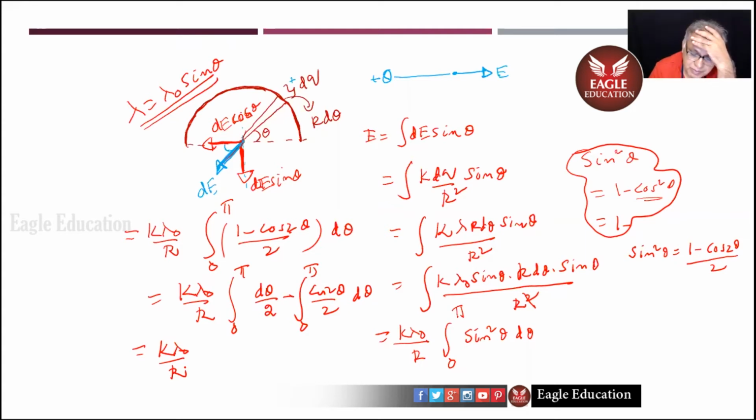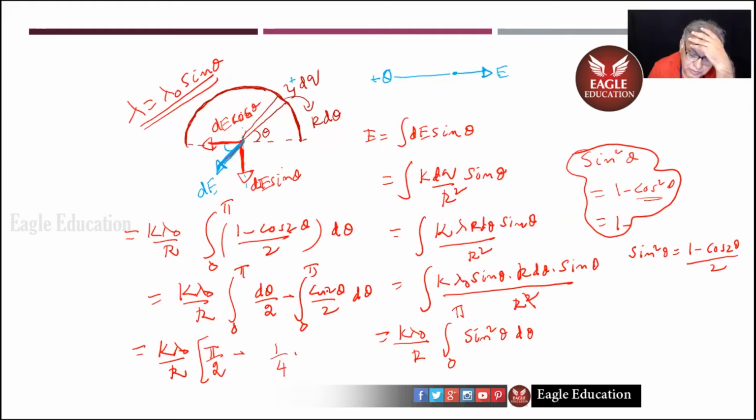Can I write one step because my space is over? Theta by 2, so substitute pi by 2 minus 0. So can I write just simply pi by 2 here? Minus sin theta by 4. Here, what should I write? The 2 comes out, so 1 by 4 sin 2 theta.